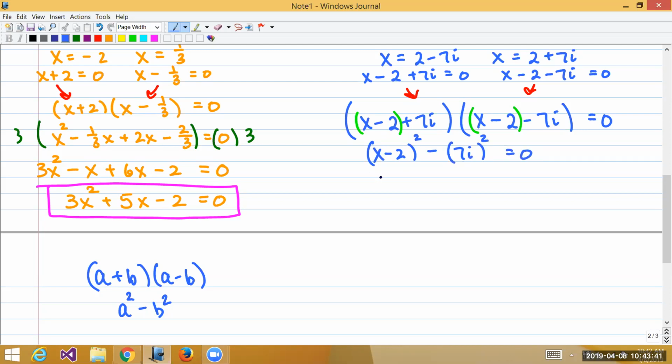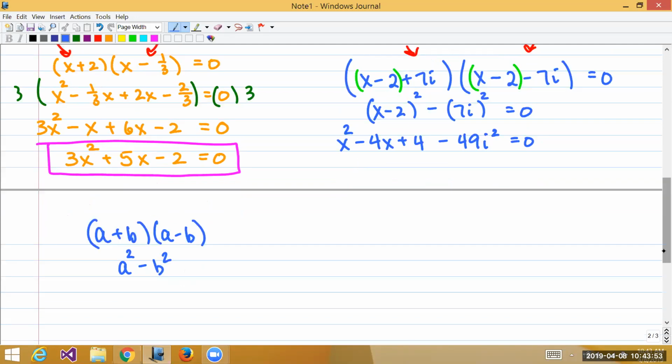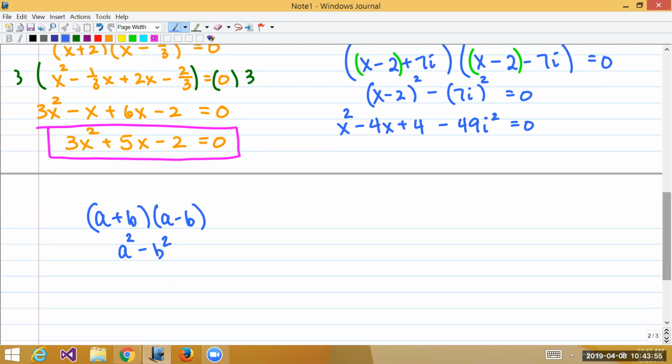Now we can work this out. x minus 2, that quantity squared, is x squared minus 4x plus 4, minus 7i squared will be 49i squared, equals 0. Well, what do we know about i squared? i squared is equal to negative 1. So that means that this i squared, the negative 49, is simply being multiplied by negative 1.